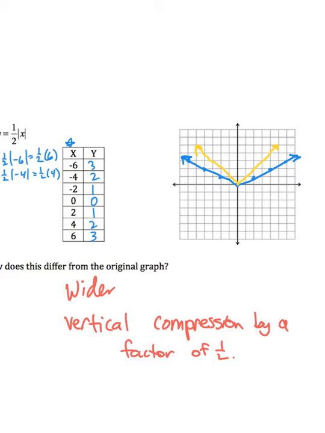So what this means is it's really taking this yellow graph and squishing it down vertically by a factor of 1/2. It's compressing it down. Almost think of it like, if you take a picture on a computer and you drag the top down and it squishes that person's face or something like that.